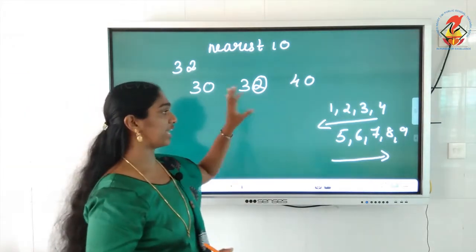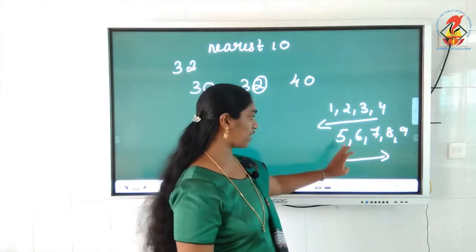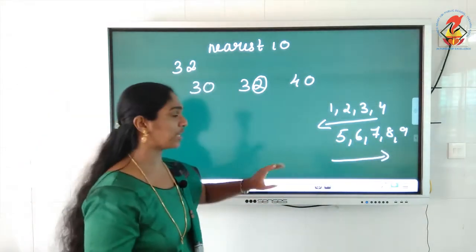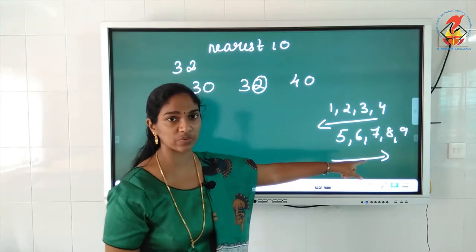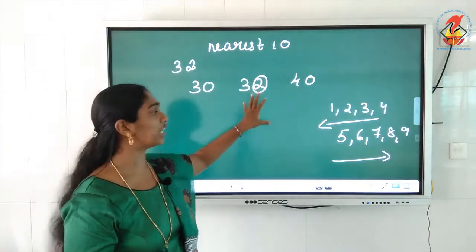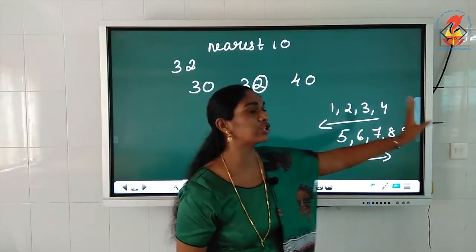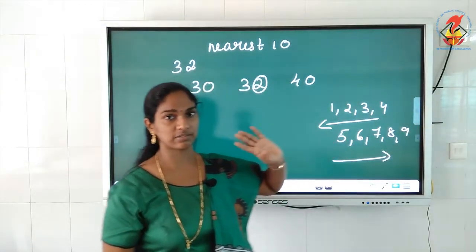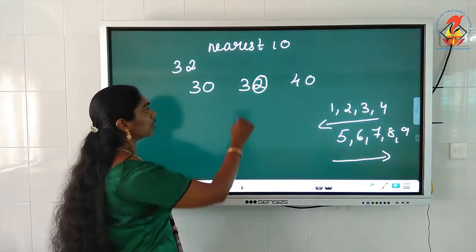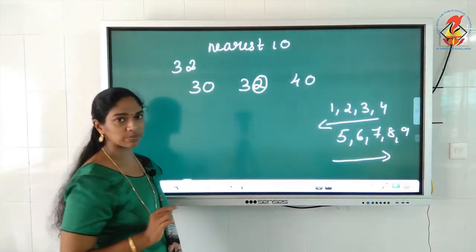If you have the digits 5, 6, 7, 8 and 9 in the ones place, then that number will be rounded to the next 10. Which is our next 10 over here? 40.